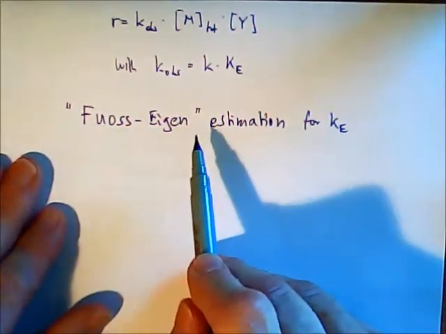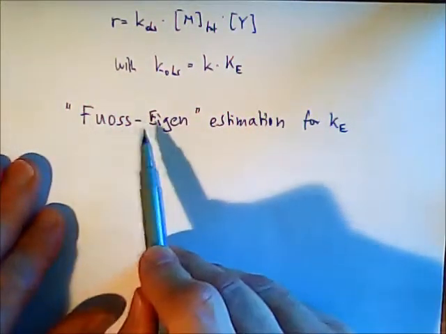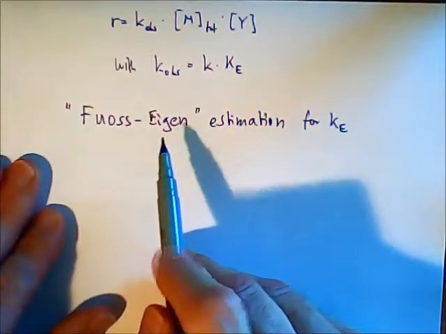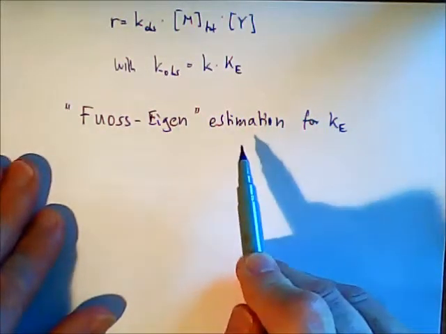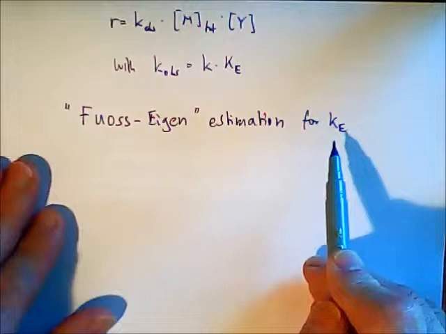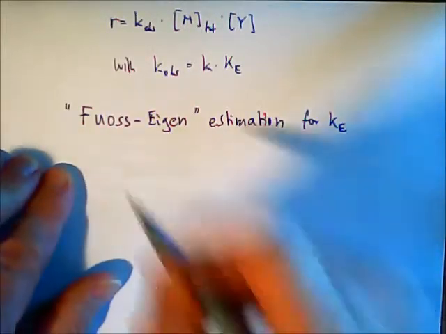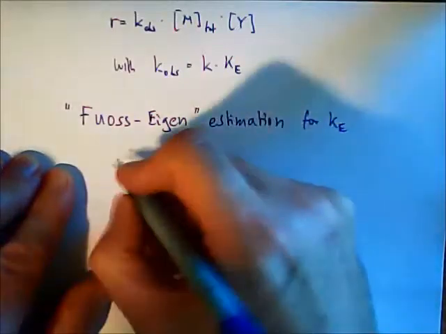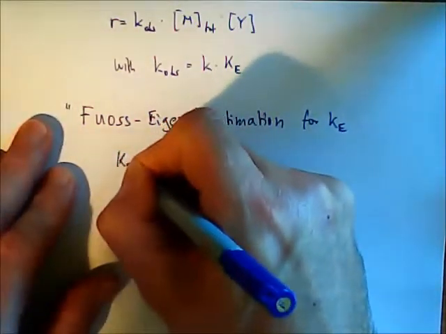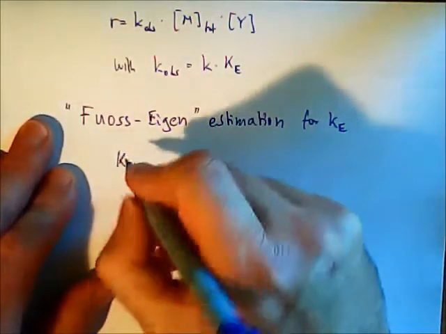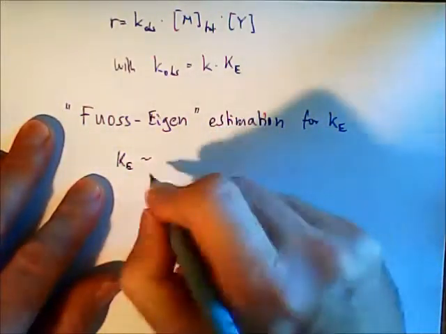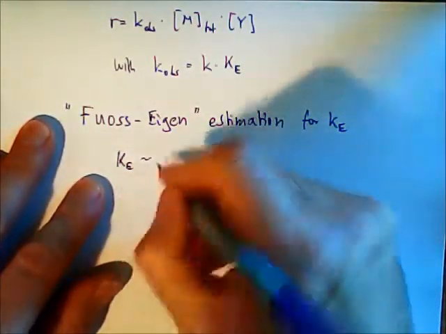Now there again were two clever people named Fuoss and again Eigen. They give us an estimation method to estimate this equilibrium constant Ka. And this estimation is based on the Coulomb attraction between the ligand and the metal compound.